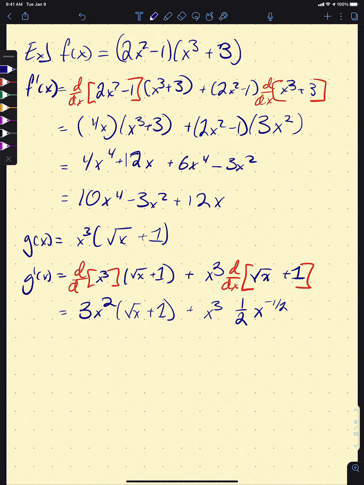So that's what we get left over, multiplying by this guy, okay? And then, of course, as per usual, the derivative of this constant is just 0. Distributing this in, we're going to have 3 times x squared times x to the 1/2, or x to the 5/2.